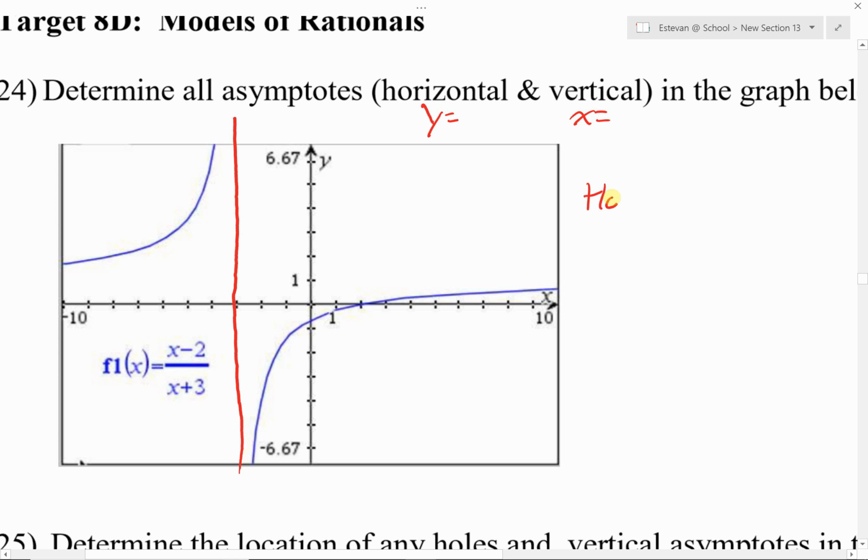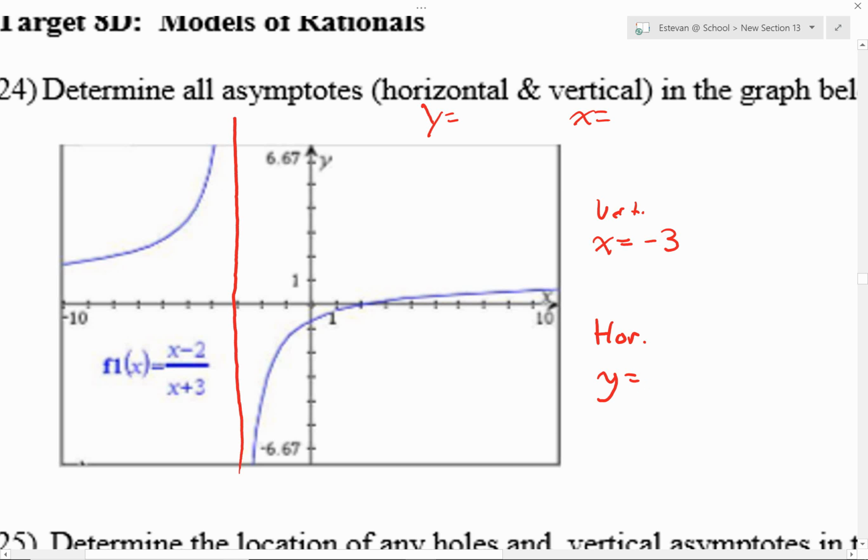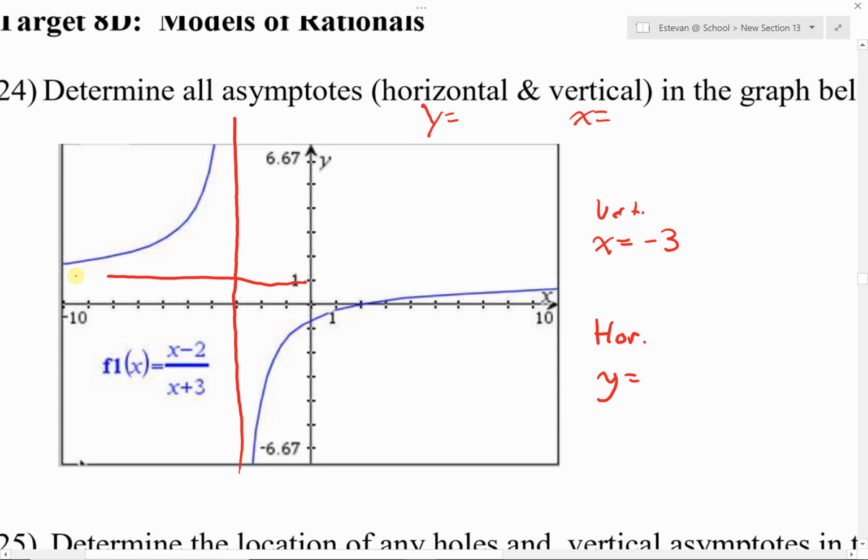So my vertical would be x equals -3. And then my horizontal is y equals, well, what y value do they never cross? They never cross +1. So it'll be y equals 1.